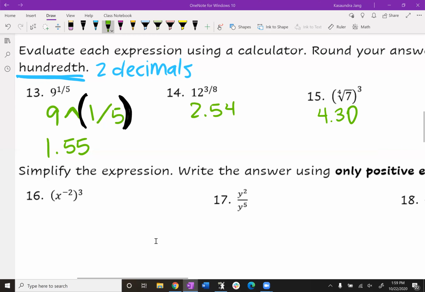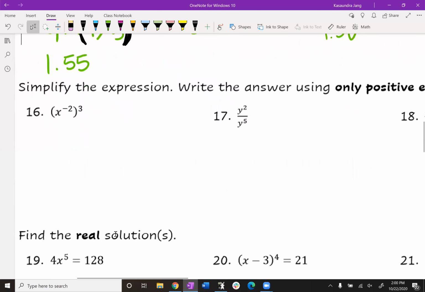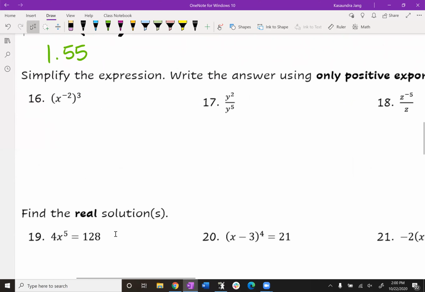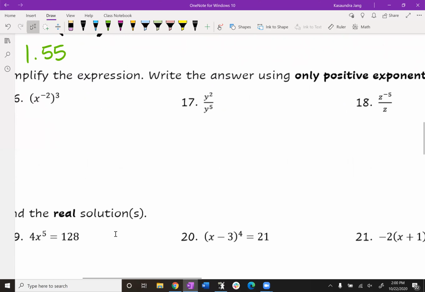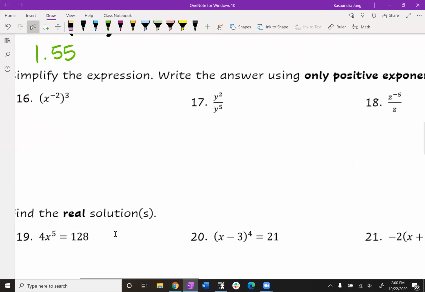All right, we're gonna step it up a notch then. These guys right here are all straight up numbers. We're gonna put some variables in it. So 16, 17, 18. You're gonna simplify this with only positive exponents, no negative exponents. Okay, so number 16 here, I'm gonna start using my rules.